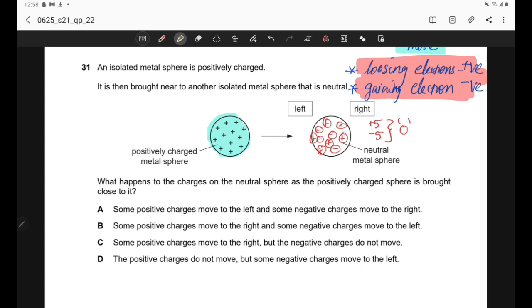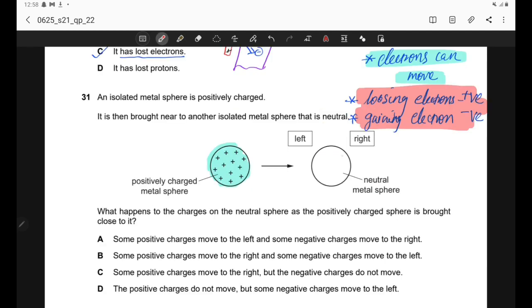second sphere. Now when we bring these spheres together, or when you bring one sphere close to the other one, what will happen to the charges in the second sphere? Here, the negative charges in this sphere will move to the positively charged sphere, because we know that opposite electrical charges attract.